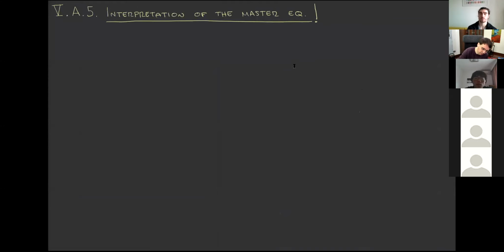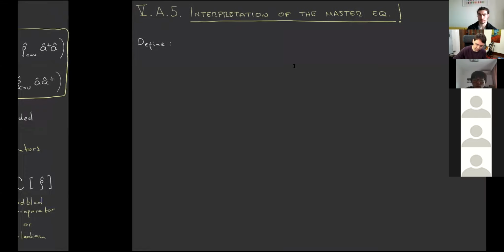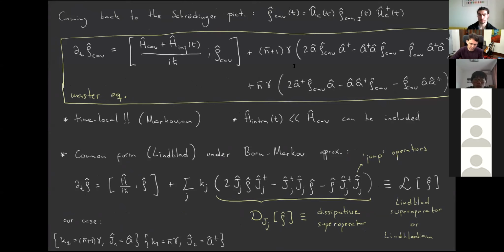So let me define, and let me maybe motivate it first. You see that this equation here has a commutator, and then it has this term that is not a commutator, but actually, you see that this part in here, J dagger J rho plus rho J dagger J, is actually an anti-commutator, okay?